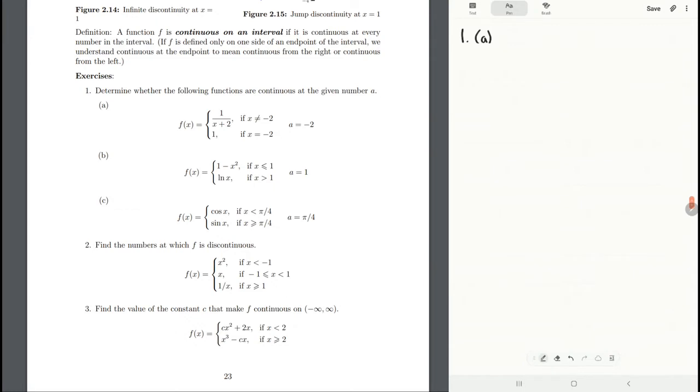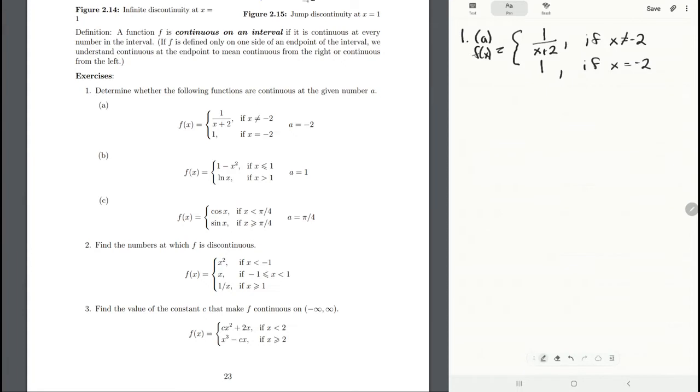In the first example, we have a piecewise defined function. The function f is equal to 1 over x plus 2 if x is not equal to negative 2, and the function is equal to 1 if x is equal to negative 2.